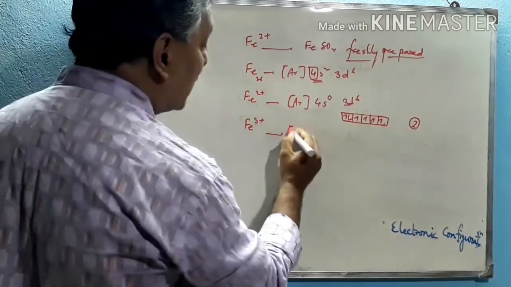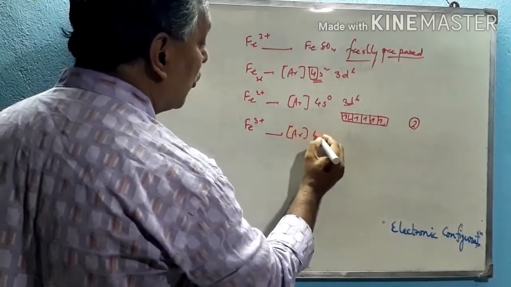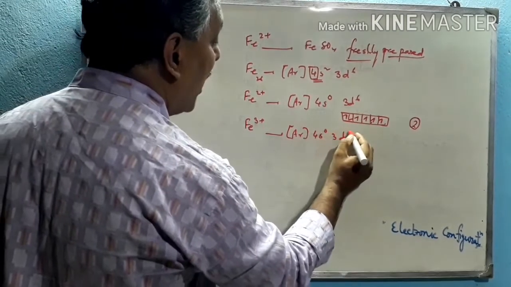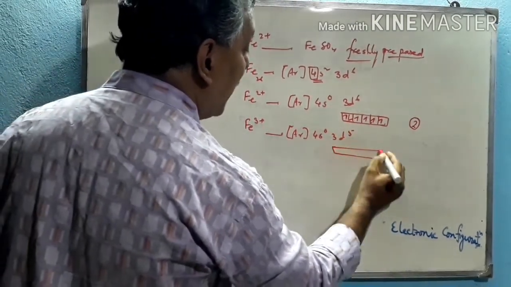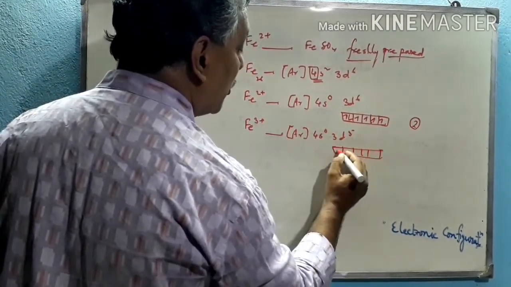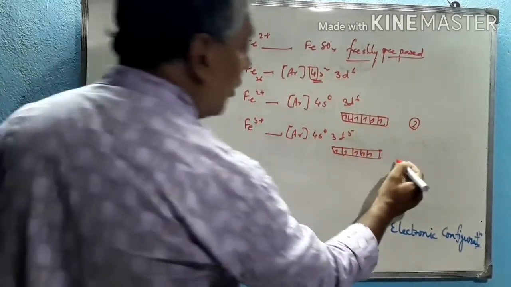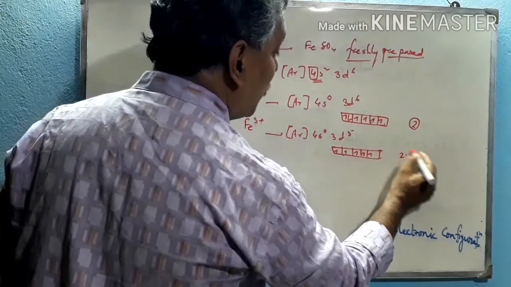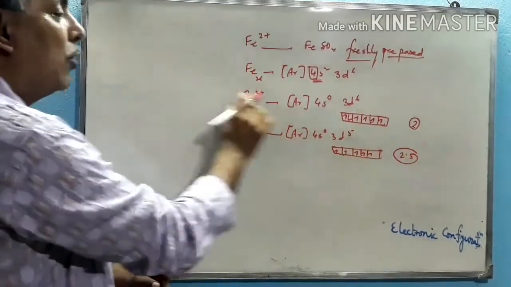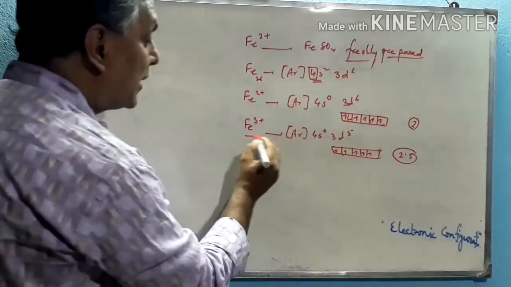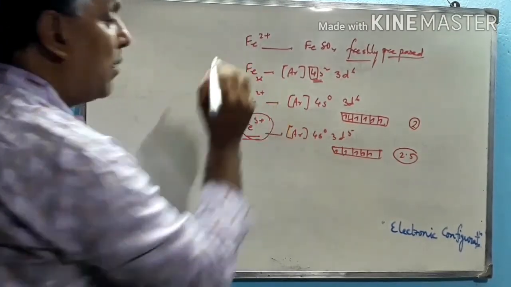In case of Fe3 plus, the configuration is argon core 4s0 3d5, and it contains 5 unpaired electrons. So the spin multiplicity value will be 5 into half, that means 2.5, which is more than that of Fe2 plus. Hence Fe3 plus is more stable than Fe2 plus.